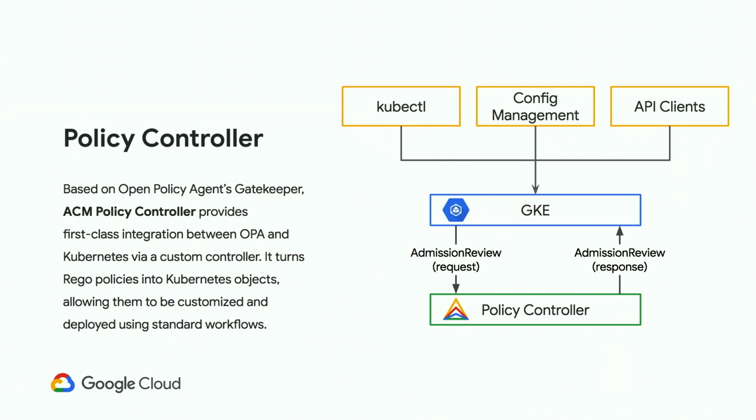And what Gatekeeper and by extension ACM Policy Controller do is it takes that policy engine and makes it a sort of first-class citizen in a Kubernetes environment, and it makes it into an admission controller. So now that means the policy mechanism is right alongside the ability to admit objects to the cluster.